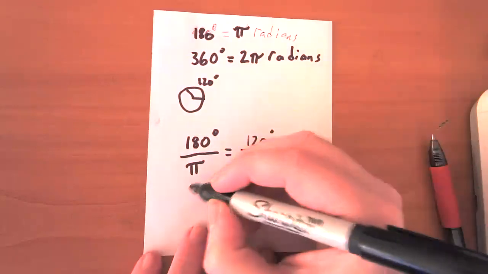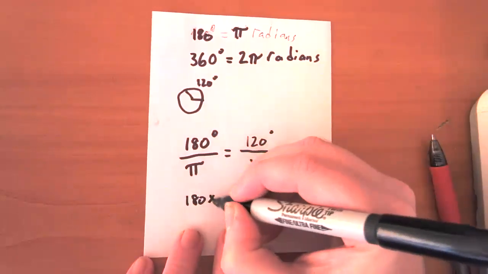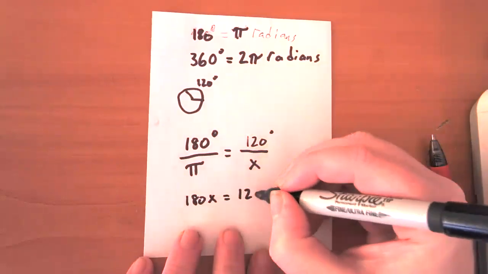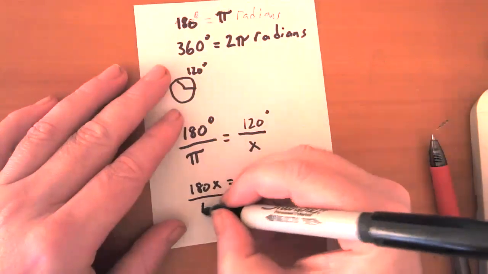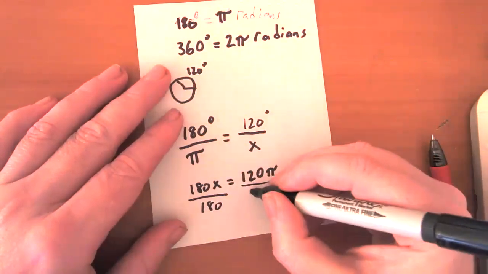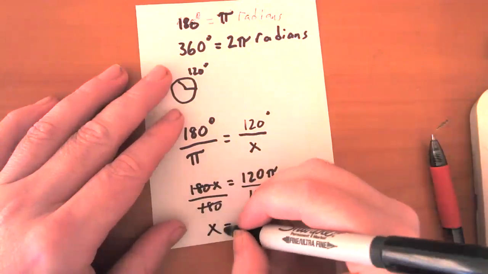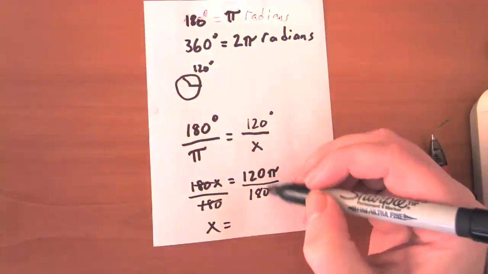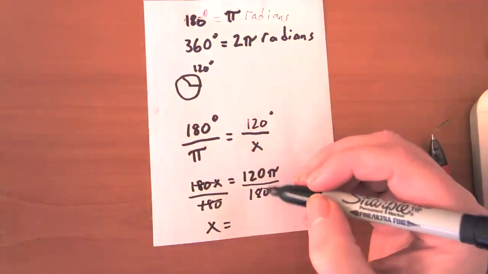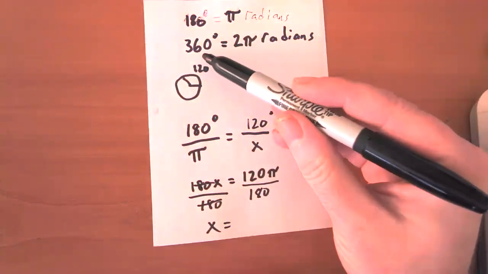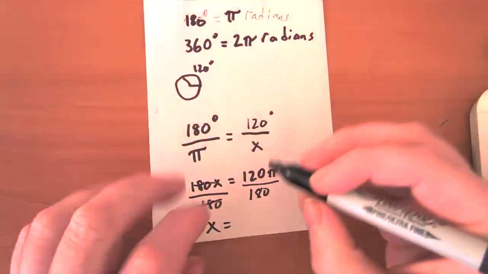And now we cross multiply, and we have that 180x is equal to 120 pi. And so all we need to do to figure out what x is, is divide both sides by 180. And we have that x is equal to, and one of the nice things that you probably discovered in part 1 of the exercise is that one of the nice things about 360 is that a lot of numbers evenly divide into it, which is very attractive.